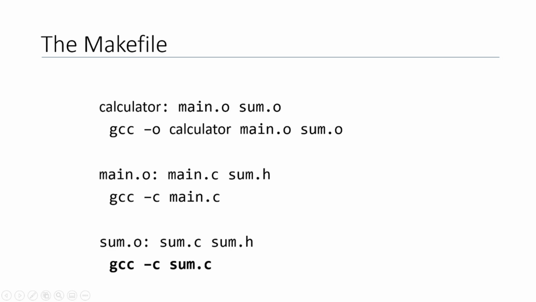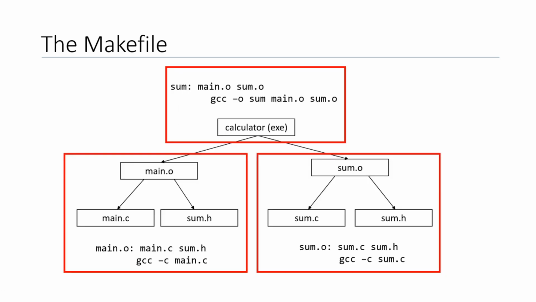And then further below it we define how the sum.o is going to be compiled and the command that is going to be executed to do so. As you can see, there is a dependency here, so main.o is being defined here, while sum.o is also being defined down below. If we plug everything together, we can see that calculator will unify all the objects by calling that command, and both of those objects are going to be then further defined as well.